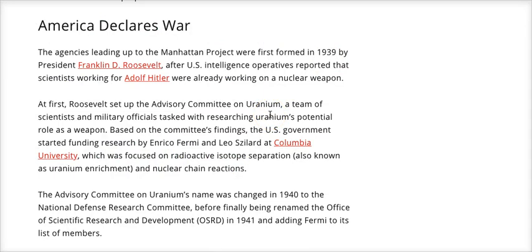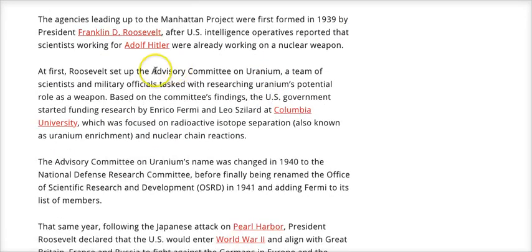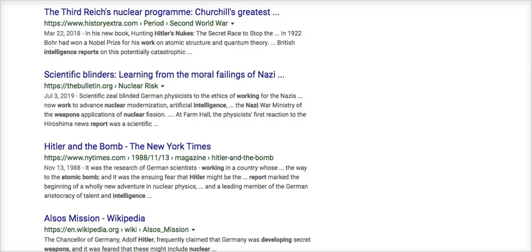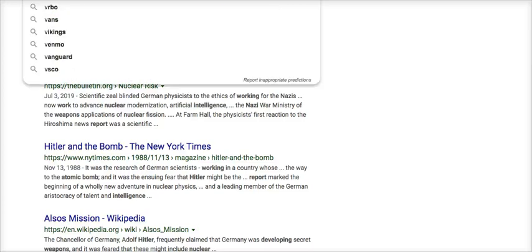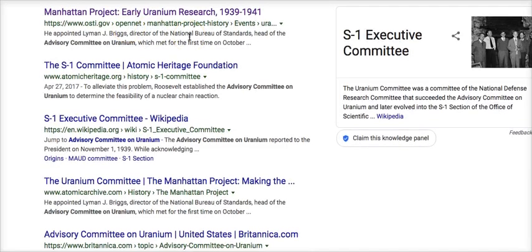The next thing that I might look for is the Advisory Committee on Uranium. So whenever a government creates an advisory committee or anything, there's a lot of paperwork that has to do with that. So I'm going to look to see if I can find any letters or anything that relates to the Advisory Committee on Uranium. Okay, so this is the Manhattan Project.